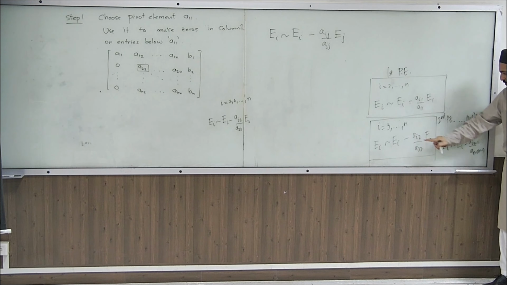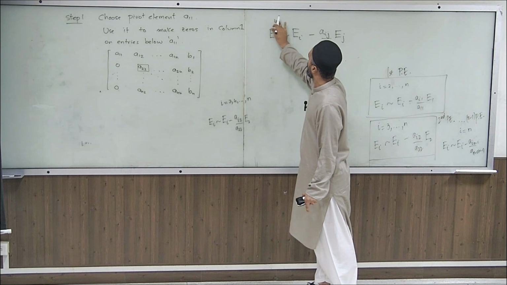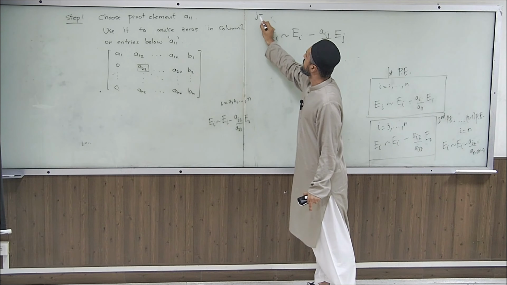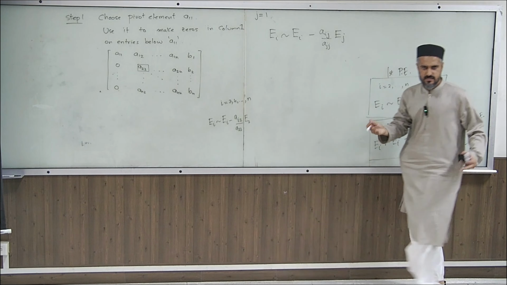So it means j is running from where? Let's see. For that, I need to know i. Let's say j is equal to 1. If j is equal to 1, which is this case, then i will run from 2 to n.